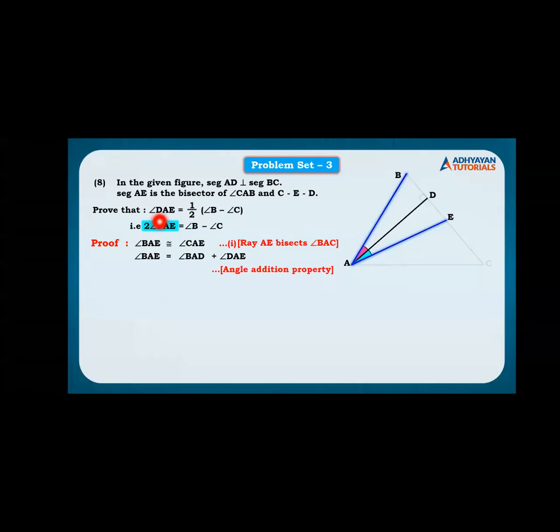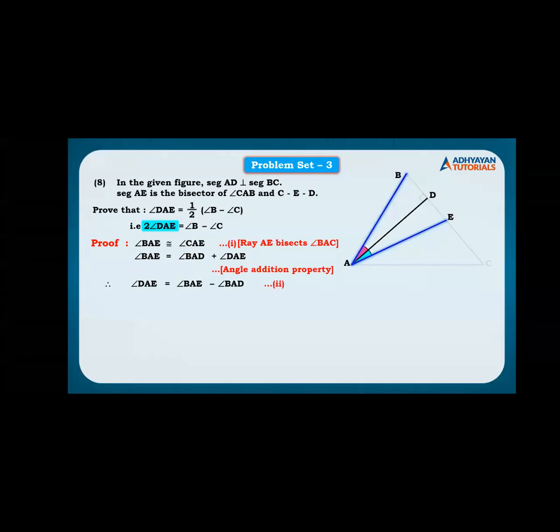Now why did I write this? Because I wanted angle DAE. Now angle DAE, what I want is for it to be alone. Okay? So because angle DAE should be alone, I have to shift BAD to the left hand side. So when BAD comes to the left hand side, children, the sign of BAD, which is positive, will change and become negative. So the equation will become angle DAE is equal to BAE minus BAD.